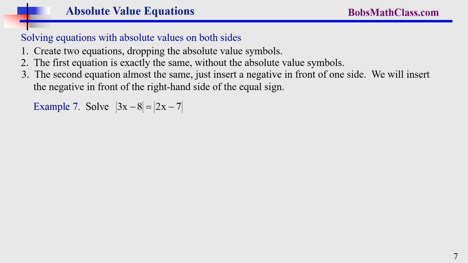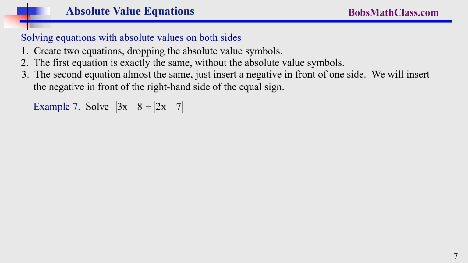The second equation that we have, it's almost the same. We're still going to remove the absolute value symbols on both sides. However, we will insert a negative in front of one of the sides. I prefer to insert the negative in front of the right-hand side of the equal sign, but it actually doesn't matter.